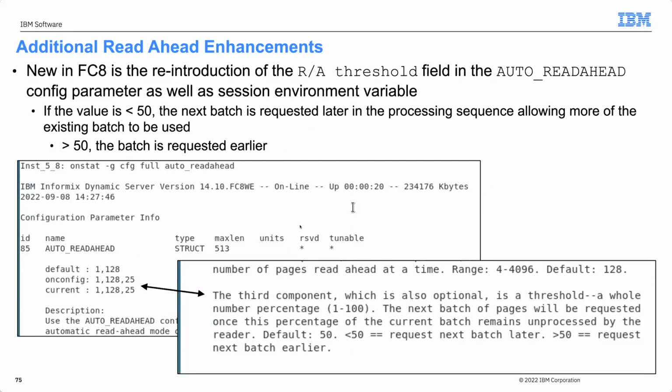So if you set it to less than 50, then we will use almost, whatever that value is. Let's say it's 20%. So we'll use almost all of the Readahead buffer until there's just 20% unused, and then we'll refresh it. If you set it to 80, then what we will say is when we've used 20% of the Readahead buffer, then we'll go ahead and refresh.